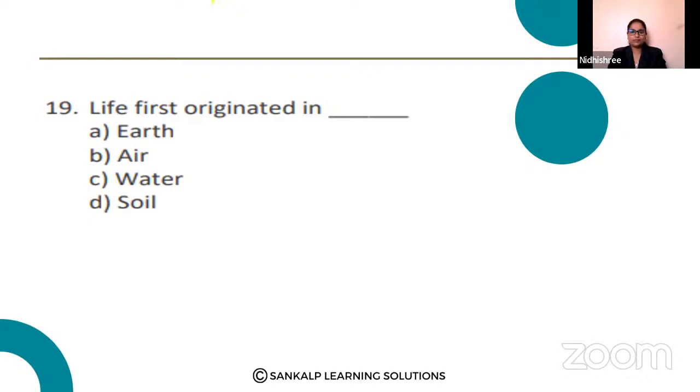Most of you voted for option C, few of you voted for option A, that is Earth. What about YouTube students? What is your answer? Venkatesh, option A. Supriya, option C. Okay, great. Now let us check which is the correct answer.